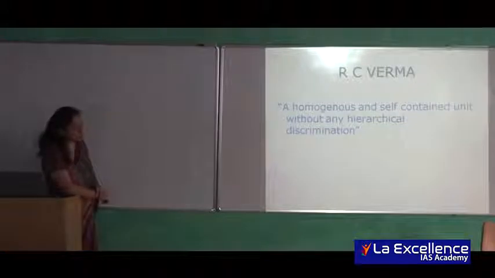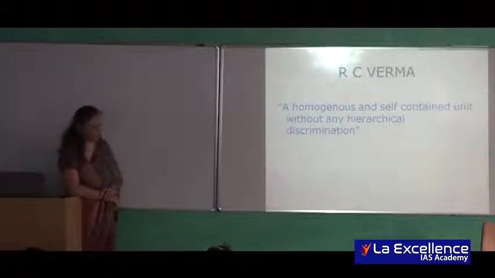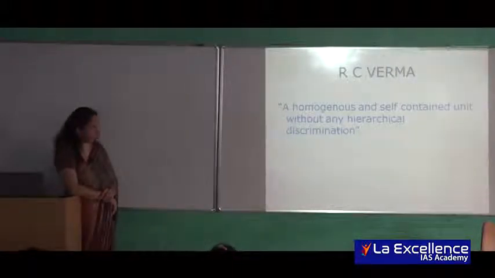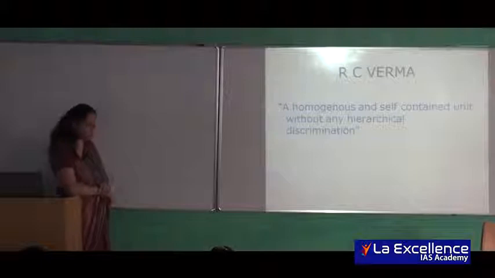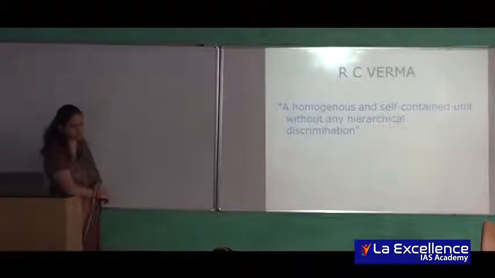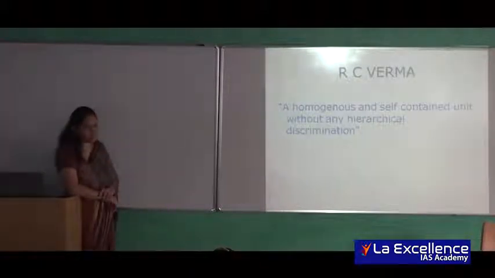Verma's definition: tribe is a homogeneous, self-contained unit without any hierarchical discrimination. This we have used many times. Tribe is an egalitarian society, a self-sufficient group. It is a homogeneous group. Tribe in itself, we consider it as a culture group, having a homogeneous culture.